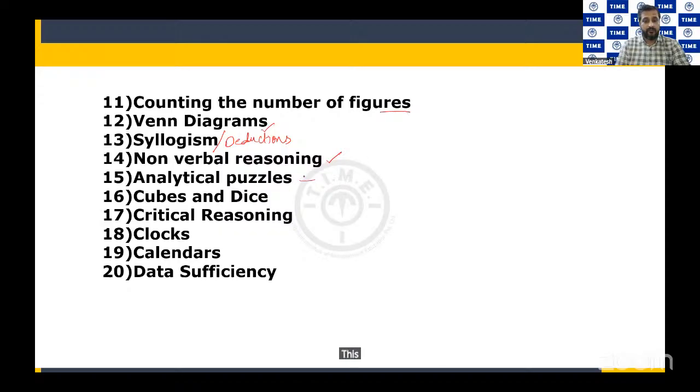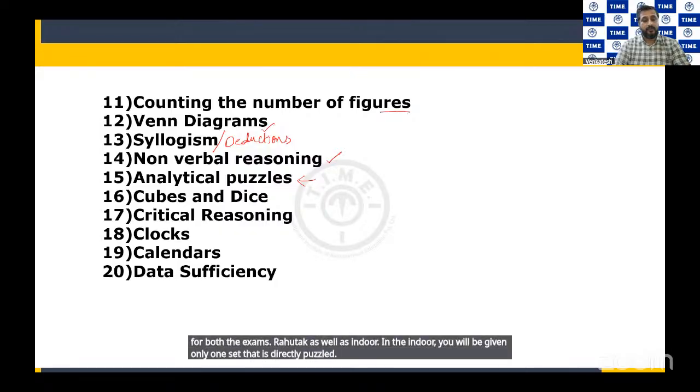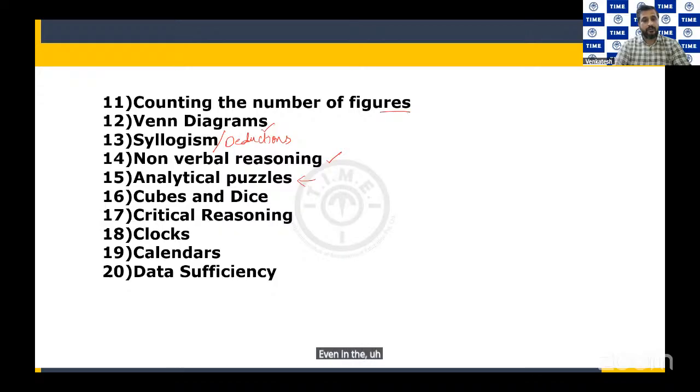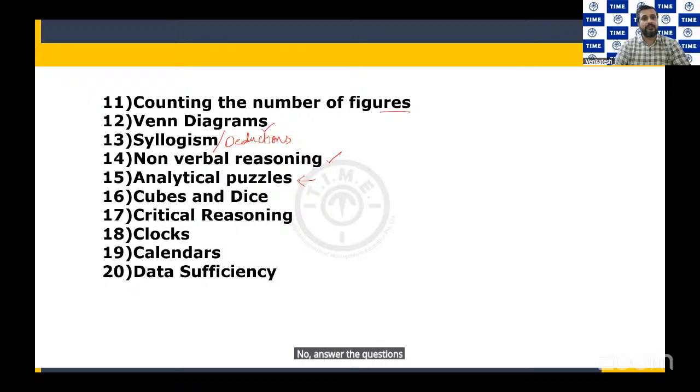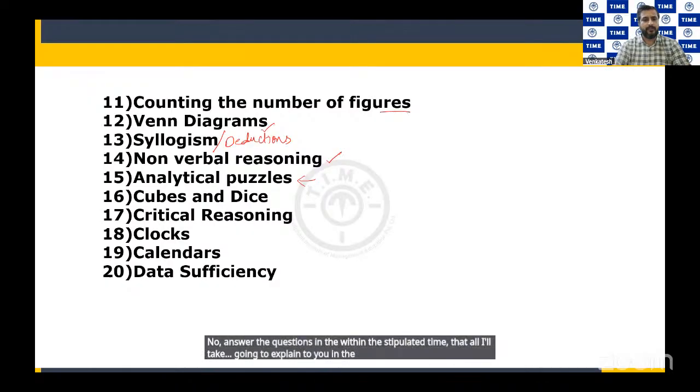This is a very important area for both the exams, Rohtak as well as Indore. In Indore, you will be given only one set, that is directly puzzles. Even in Rohtak, you will be given around 2 to 3 puzzles. I will tell you what could be the smart approach, what are all the techniques that you have to know to answer the questions within the stipulated time. All that I am going to explain in the upcoming slides.